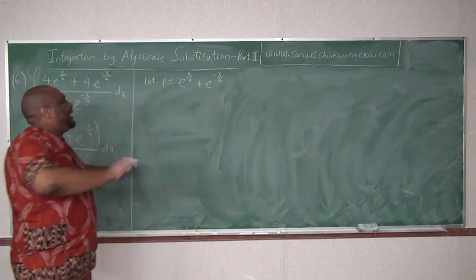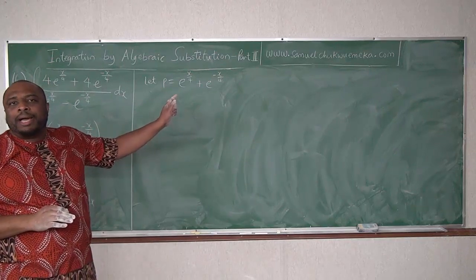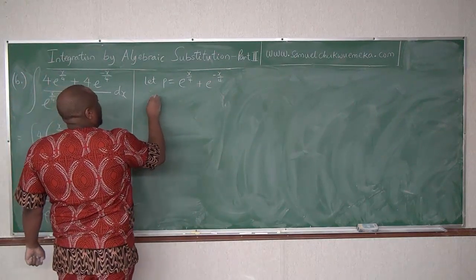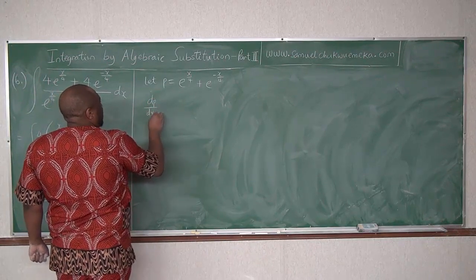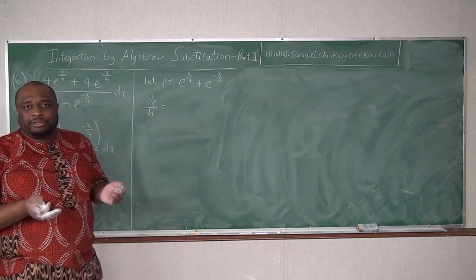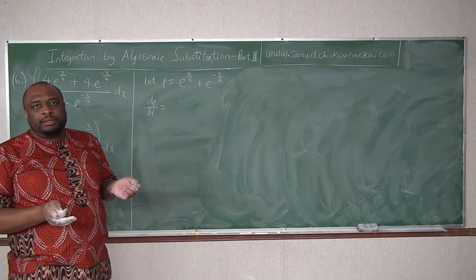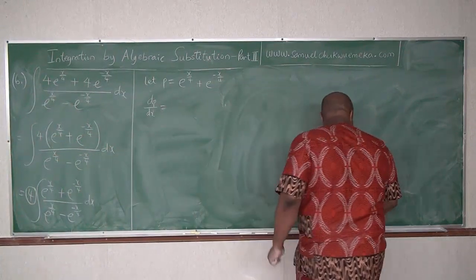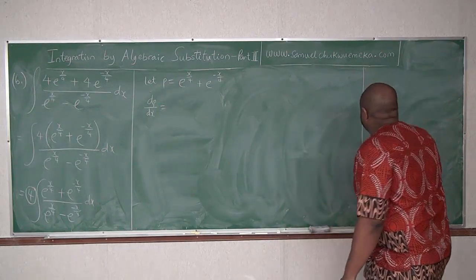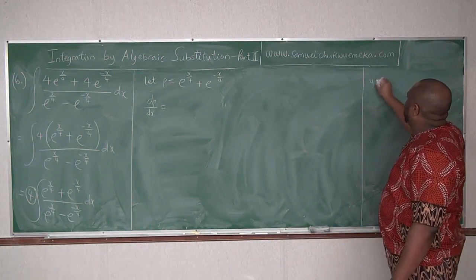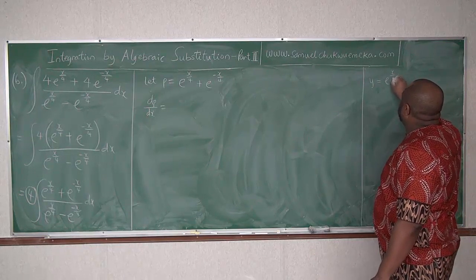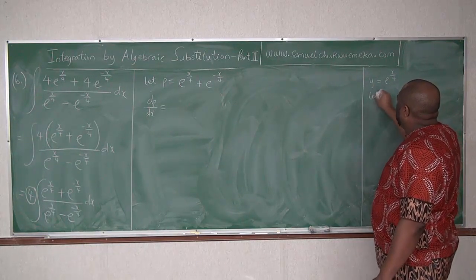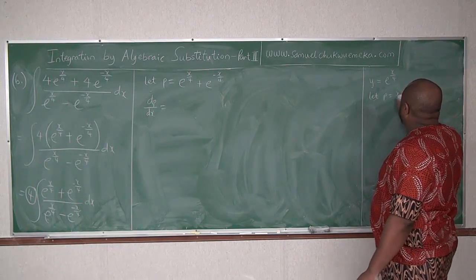Okay, so I believe you know how to find the derivative of this. You know how to do that, right? I mean chain rule. We're going to use chain rule. If I have e to the x over 4, so let p be x over 4.